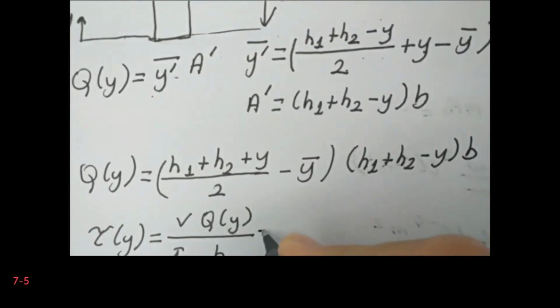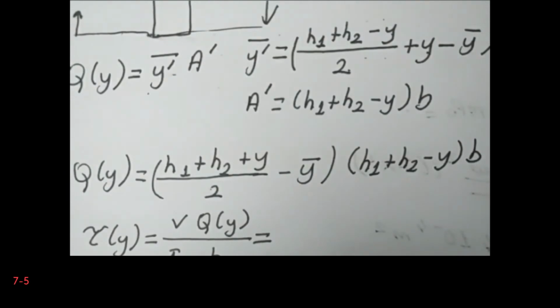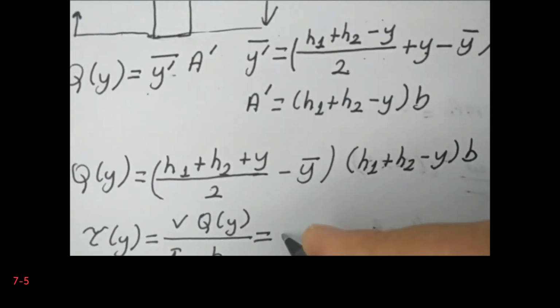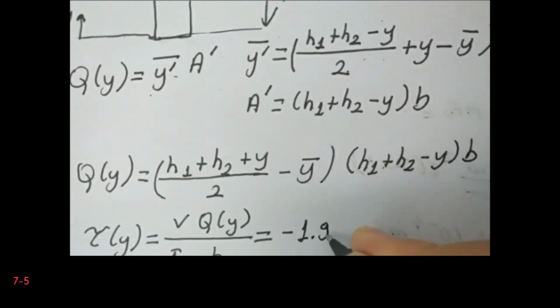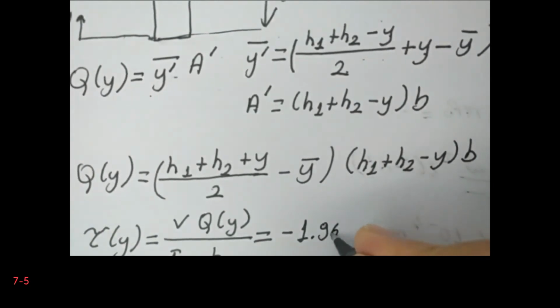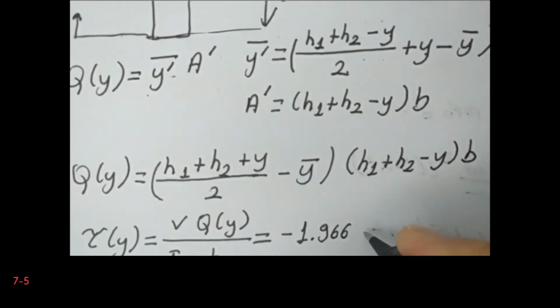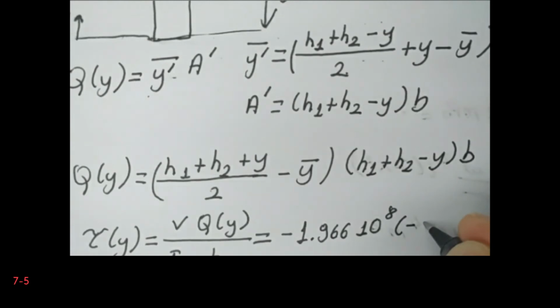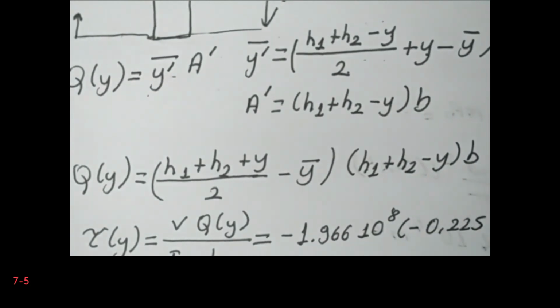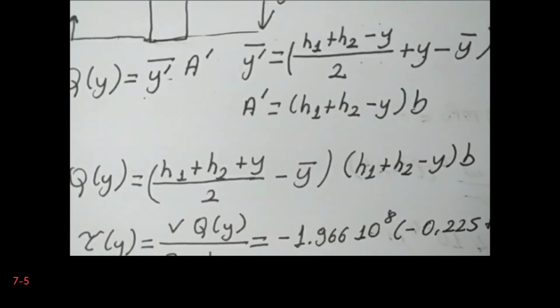So if you put all the values, what you are going to get is minus 1.9066 times 10 to the power 8 multiplied by (minus 0.225 plus y) multiplied by (y minus 0.06), and all the distances are in meters.